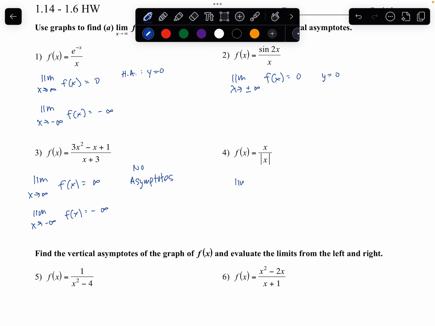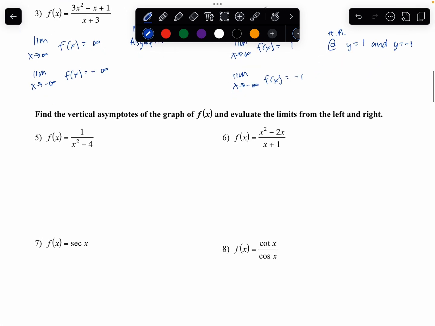So the limit as x approaches positive infinity of f of x would be equal to 1. The limit as x approaches negative infinity of f of x is going to be equal to -1, which means that there are horizontal asymptotes at y equals 1 and y equals -1. Okay.